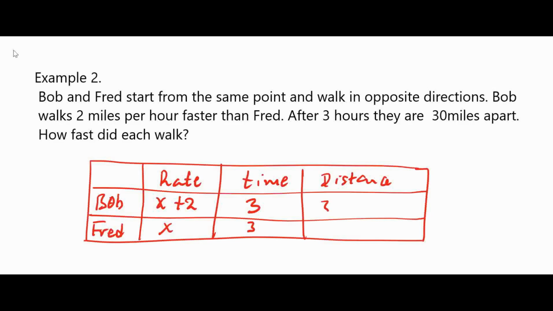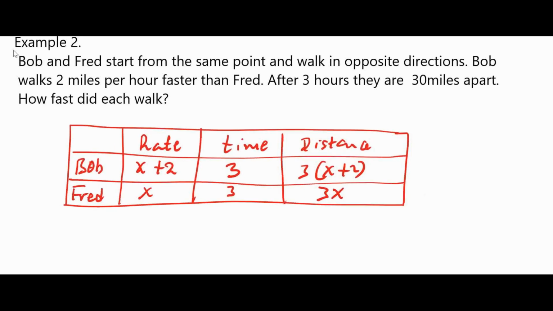So this will become 3 times x plus 2, and this will give us 3x, because 3 times x is 3x. So if we combine this and this, it will be equal to the distance covered by them, which is 30 miles, because they are 30 miles apart. So automatically we now have 3 parentheses x plus 2 plus 3x equals to 30.